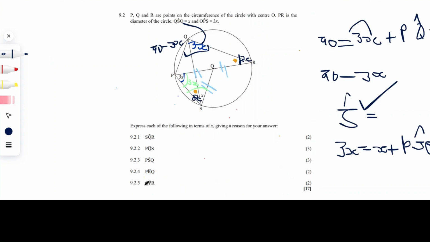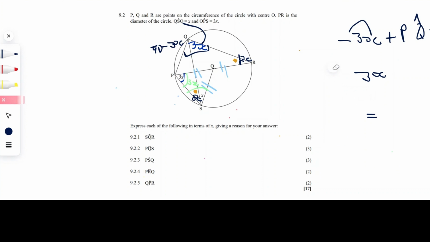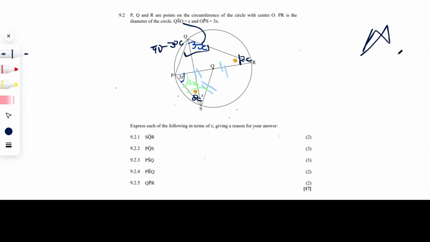Then for question 9.2.5, calculate the value of QPR. Now, here are a few rules that I want you guys to use, a few methods, a few hacks that I want you guys to use before you even approach a question. Go back and ask yourself, does P equal any other angle directly through Euclidean theorems? When I'm referring to Euclidean theorems, I'm referring to maybe angles in the same segment, tan chord.